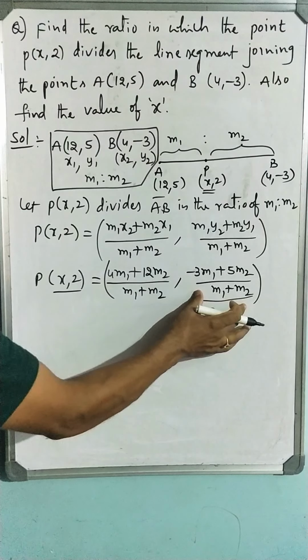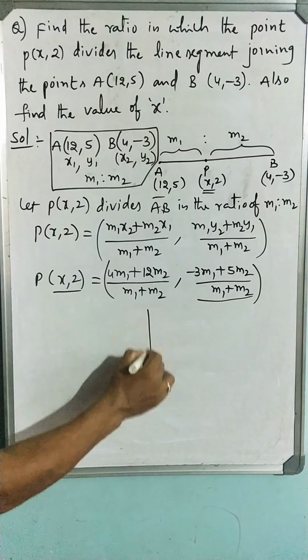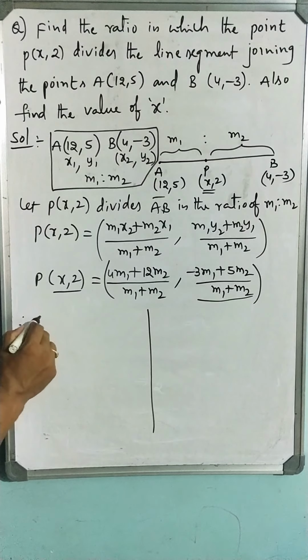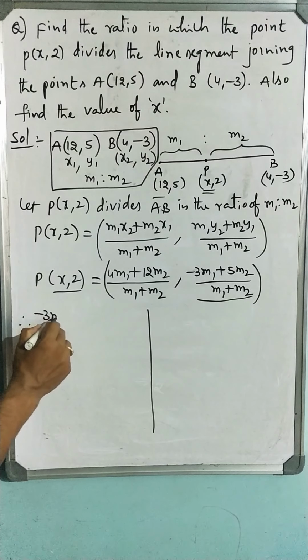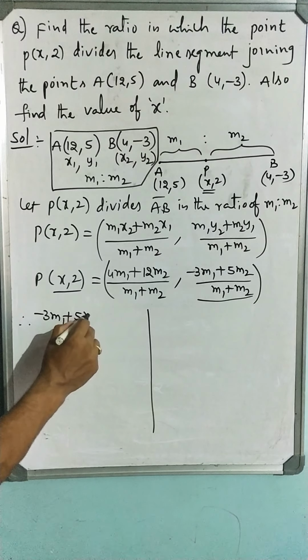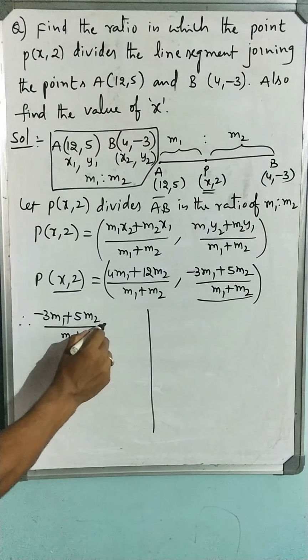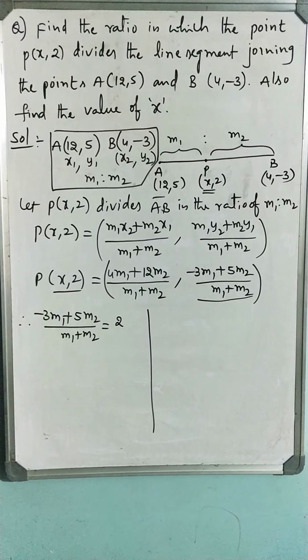That is, this coordinate is equal to 2. So therefore, from the above equation, (-3m1 + 5m2) by (m1 + m2) is equal to 2.